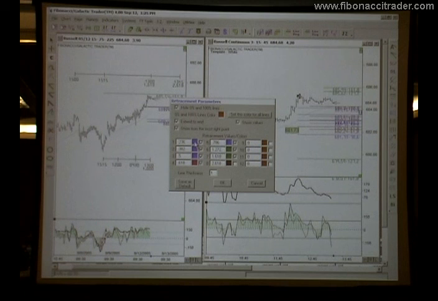And again, I use 236, 382, 0.5, 0.618, 0.786, 1.272, and 1.618. And you'll see I put down in the workbook the relative strengths of those Fibonacci numbers. The 618 is the most powerful, so I have that set to a different color so it stands out.